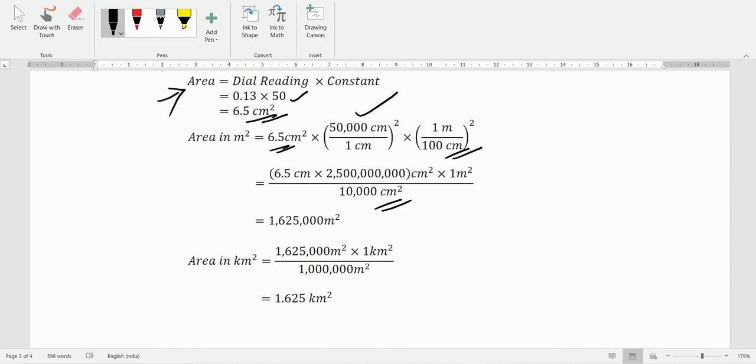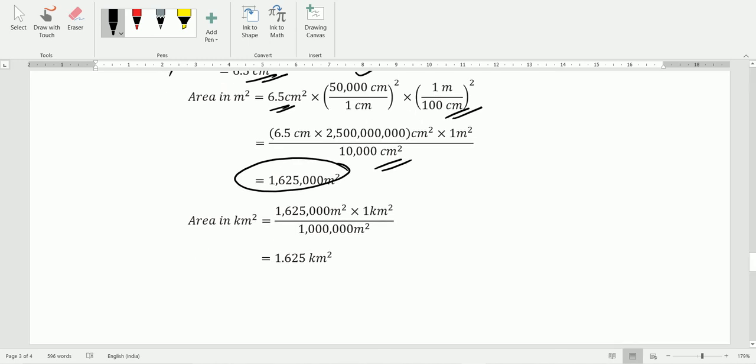So this is the actual area on the ground in square meter, that is 1,625,000 square meter, and the actual area on the ground in square kilometer is 1.625 square kilometer.